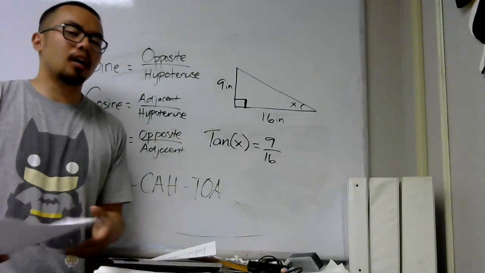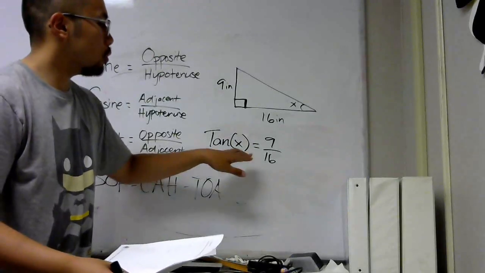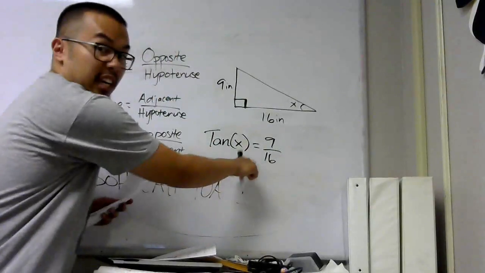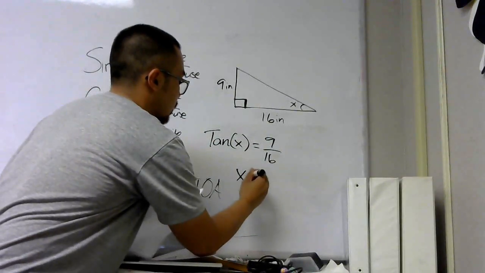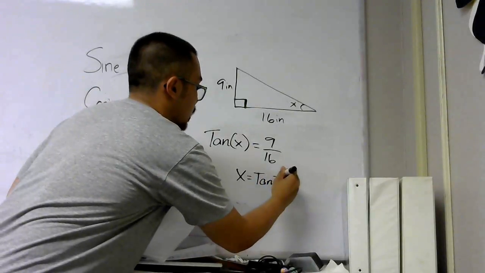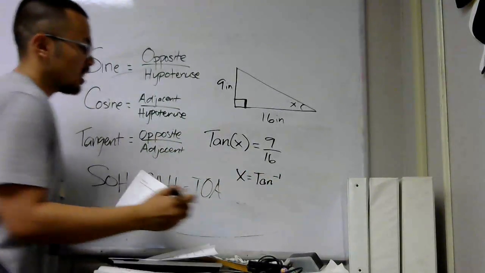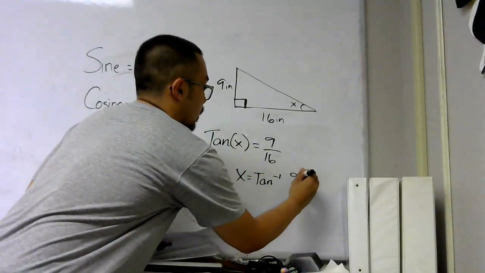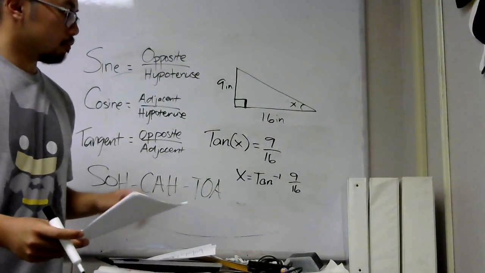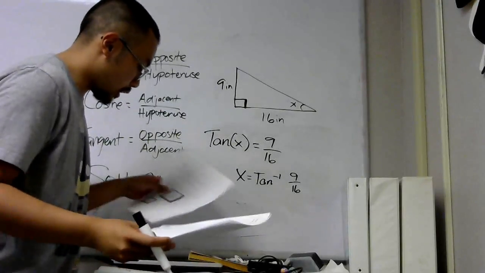More like undoing. Opposite is not exactly true in all situations, but to undo tangent, all we have to do is find the inverse of this. So x is just going to be tangent inverse, and when we denote it, we write tangent to the negative 1, of 9 over 16. It's actually that easy. So we're going to take our calculator.